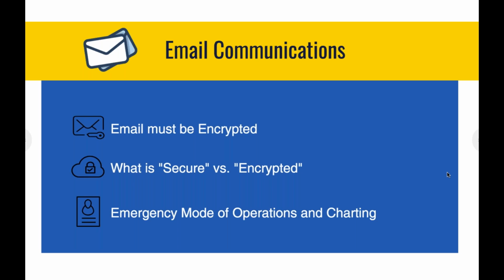Now, to some, that's going to be pretty obvious. Okay, great. We can encrypt our messages. But what is the difference between secure and encrypted? And are you certain that when you think you're sending an encrypted message, it is in fact encrypted? Let's just pick on Gmail or Outlook.